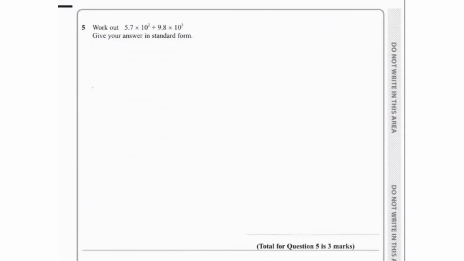Then standard form: work out 5.7 times 10 squared plus 9.8 times 10 cubed. Give your answer in standard form. You can start by taking 10 squared common. That leaves us with 5.7 plus 9.8 times 10 in the bracket.